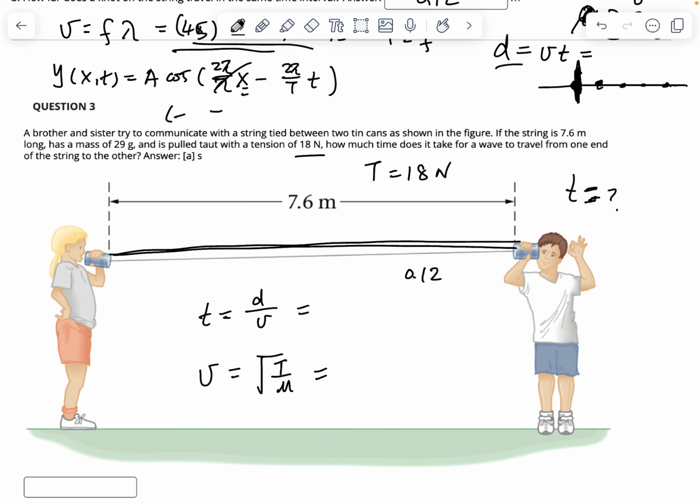Okay, so we know tension is given. What's linear mass? Mass per unit length, right? So linear mass equal to total mass over length. Okay, so you see this is 29 gram, 0.029 kilogram over length, 7.6 meter.